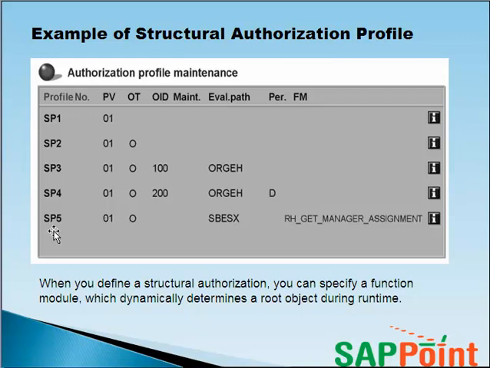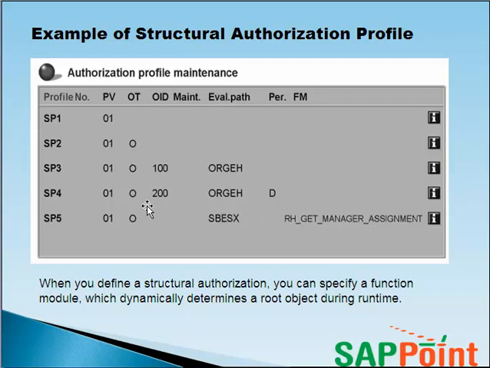Now, you look at example 5. With this kind of authorization structure profile definition, the user is authorized to access organization units in plan version 01 from a root object along the staffing assignments along this evaluation path.